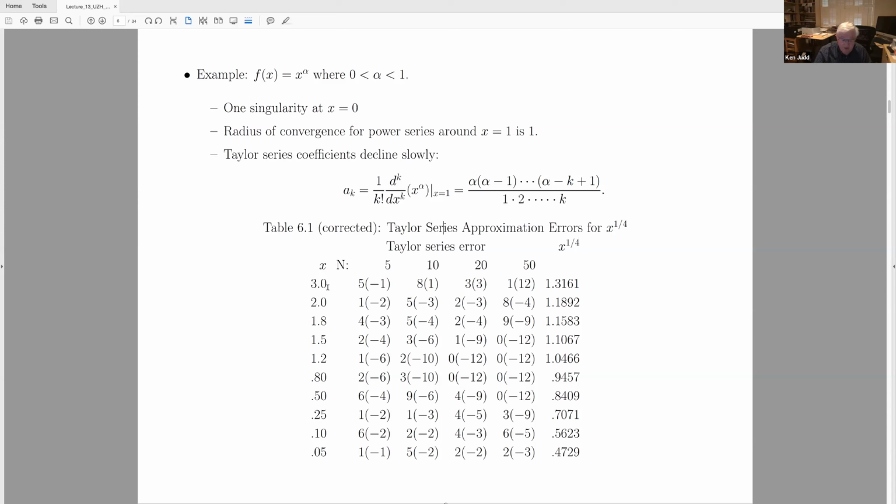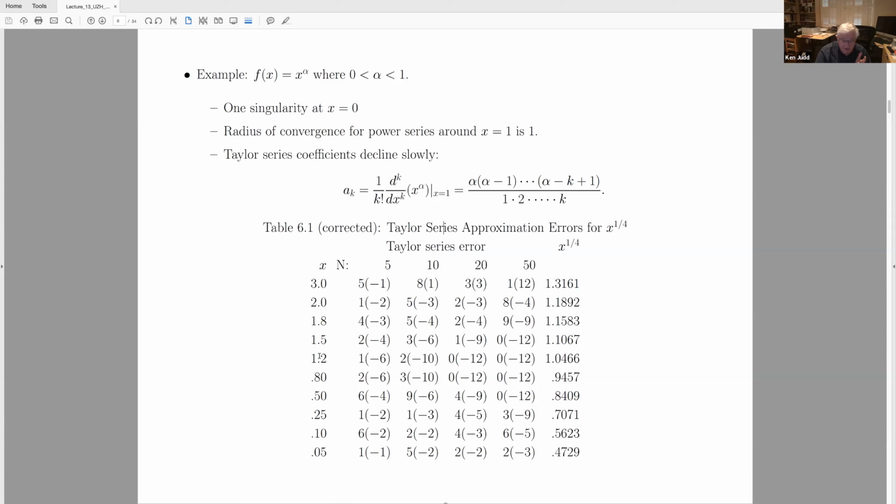Now, I show this here. Suppose you did a Taylor series approximation of order n, based at 1, where it's going to be exact. And then you look at the error at other points.